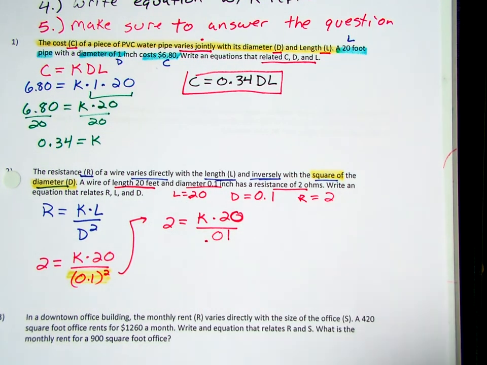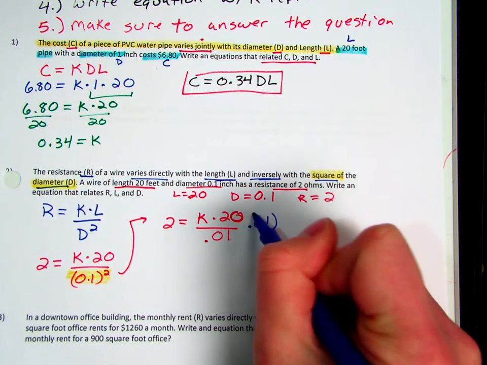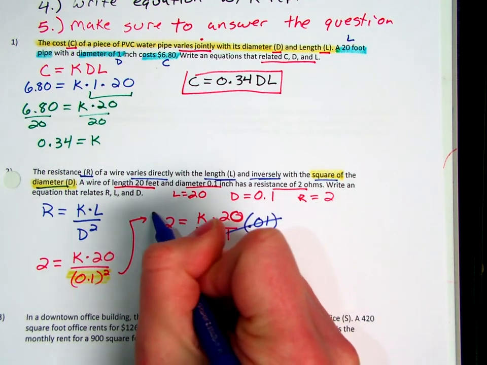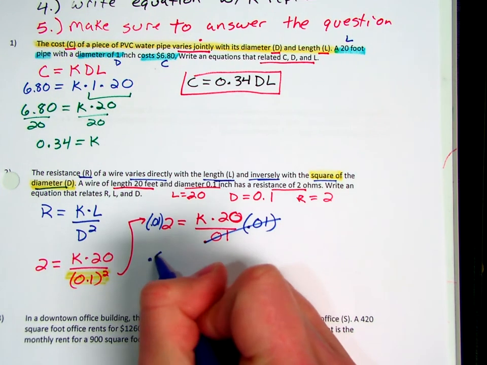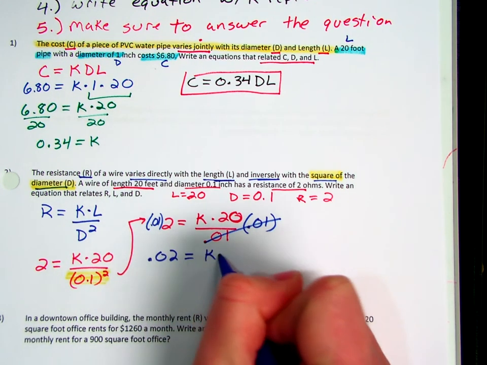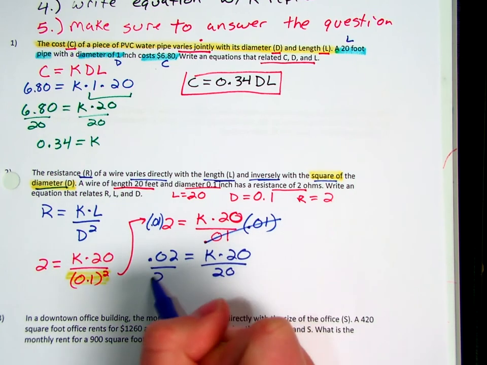And now the goal is to get K alone. So I would get rid of the 0.01 by multiplying by it on both sides. And 2 times 0.01 would simply be 0.02 equals K times 20. And now to get rid of the 20, we divide by 20 on both sides.